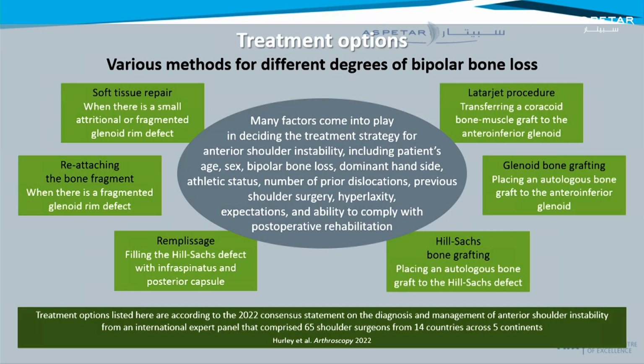It's very hard to follow this slide, so please don't try to read it, because I just copy-pasted that slide from the consensus. It shows how our mind looks when we deal with shoulder instability cases. So I will make it a little bit clearer for you. These are all the treatment options that I deal with in shoulder instability.